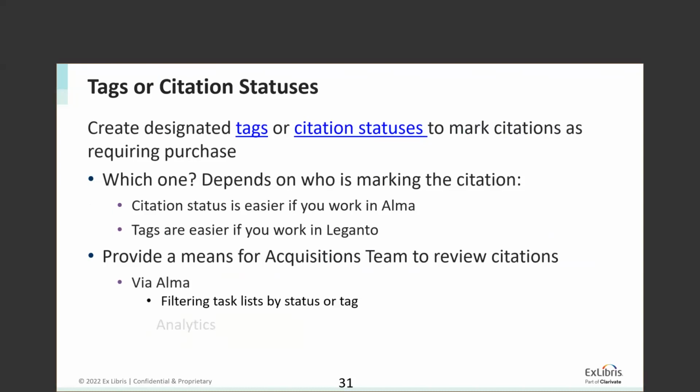The other option is to use analytics. In analytics, you could create a report that could then be shared with acquisitions, or even shared automatically on a scheduled basis, that indicates which resources have either that custom citation status or the tag that you selected.